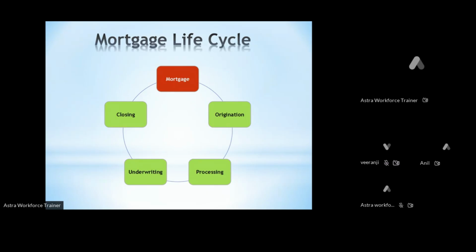Once that is done, the file will be moved to processing. The processor will have a separate set of guidelines to be followed.